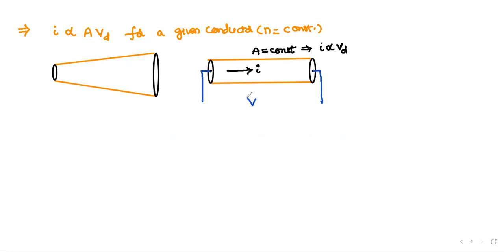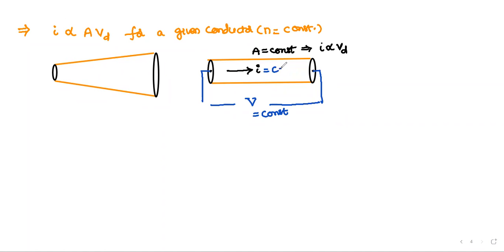Suppose V is constant. Then for a given conductor, R is constant, resistance is constant, so I can say I is constant here.